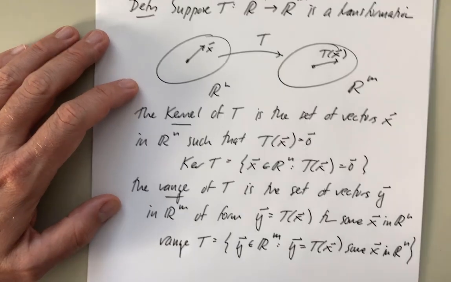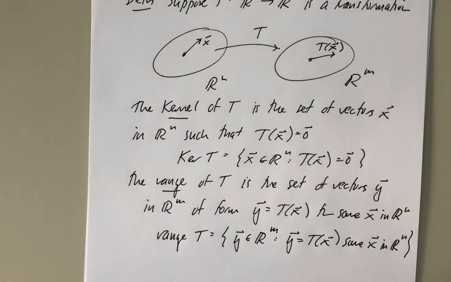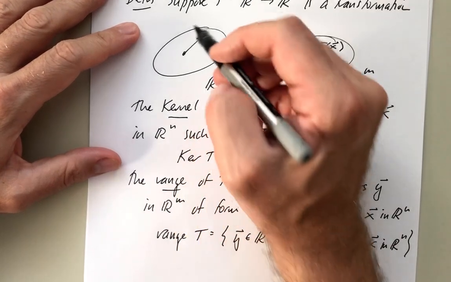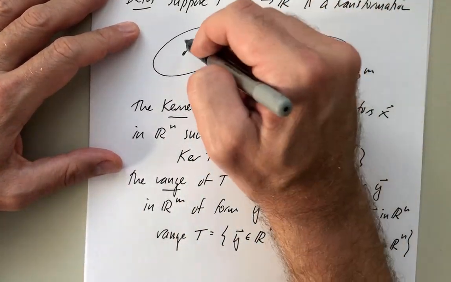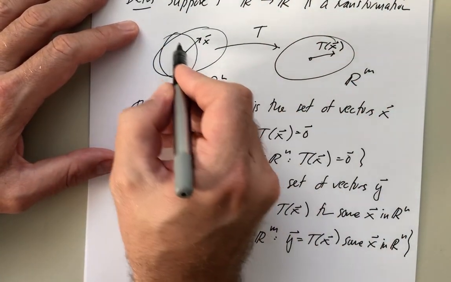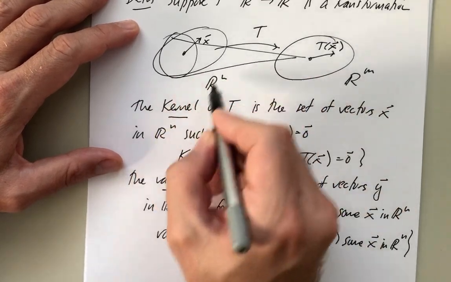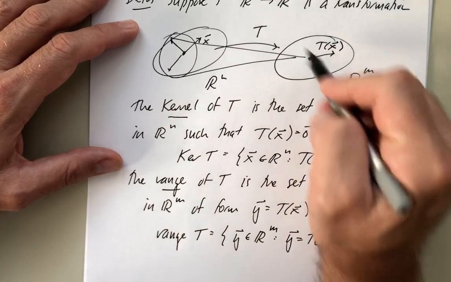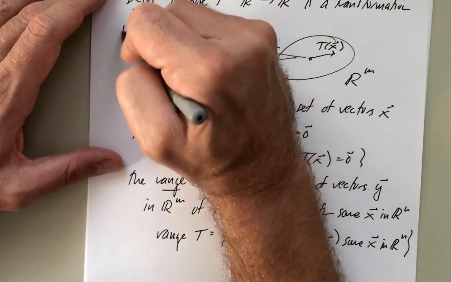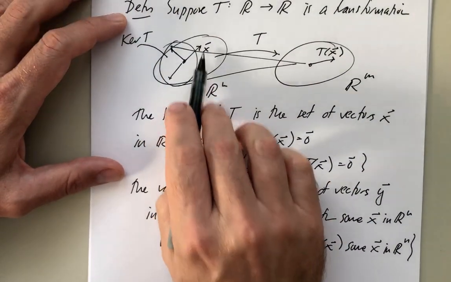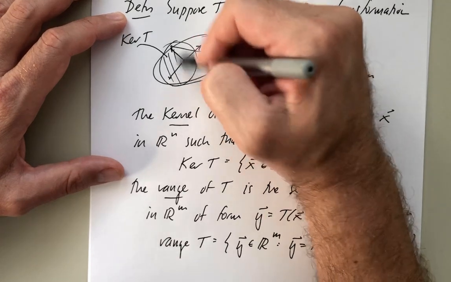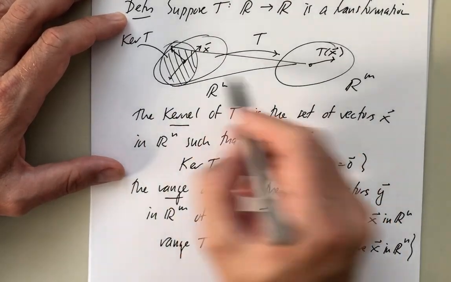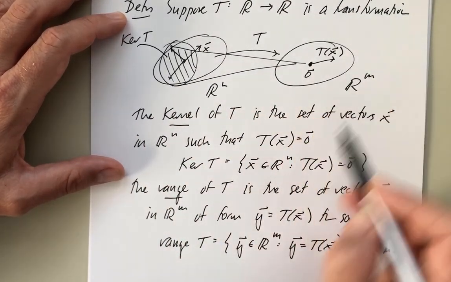And the way to think about this is that the kernel is all the vectors in R^n over here that get sent to 0, the 0 vector over here.